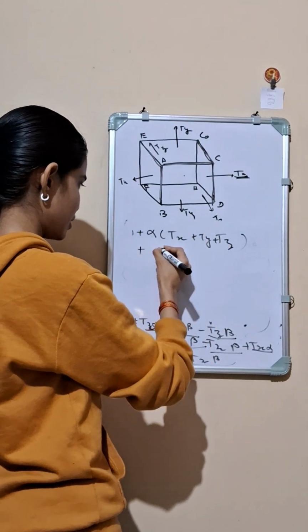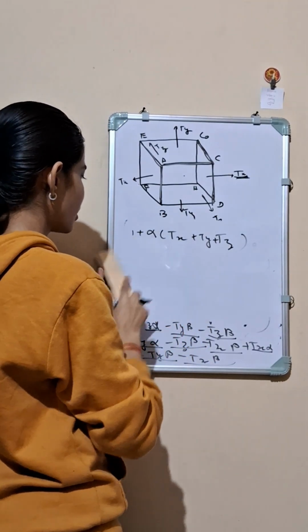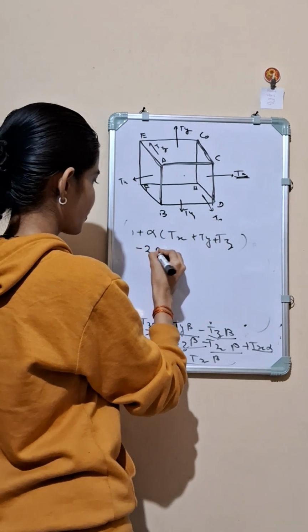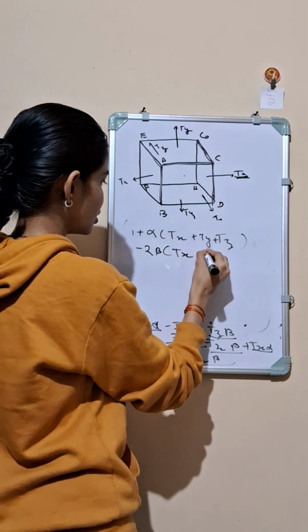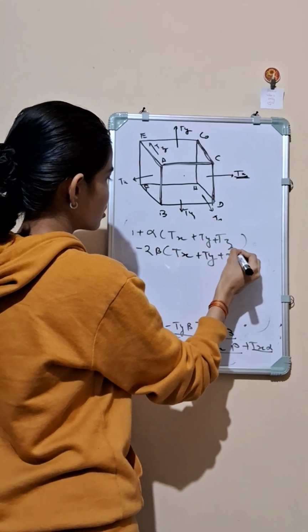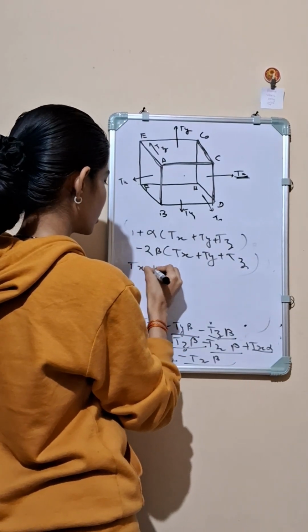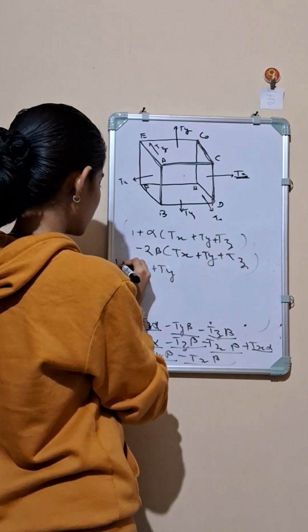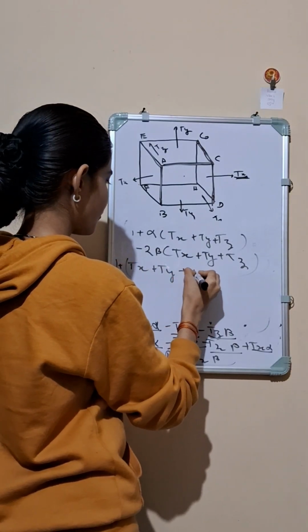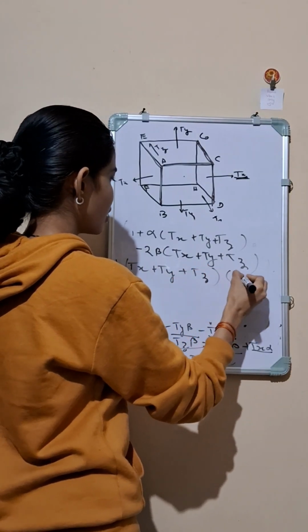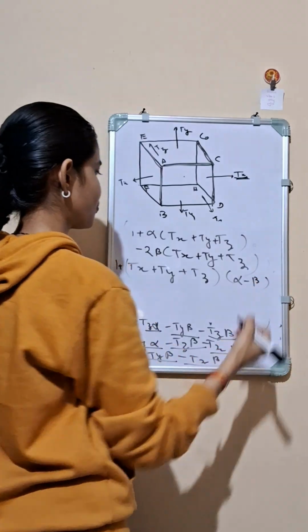So I can take minus 2 beta common and write Tx plus Ty plus Tz. So from this I can take Tx plus Ty plus Tz common and we will get 1 plus (Tx plus Ty plus Tz) whole into (alpha minus 2 beta).